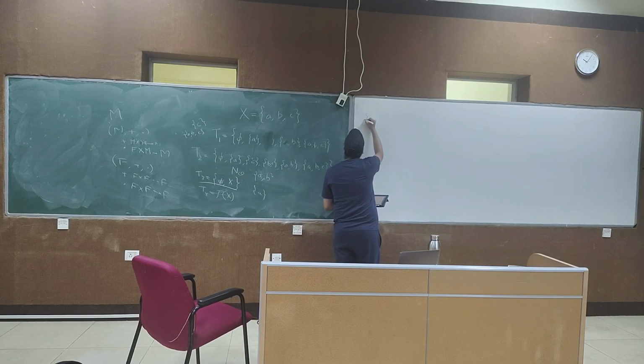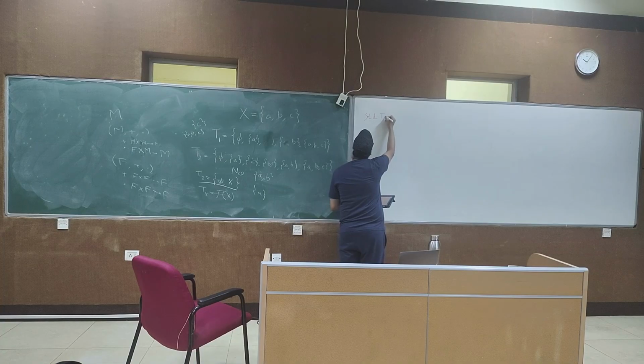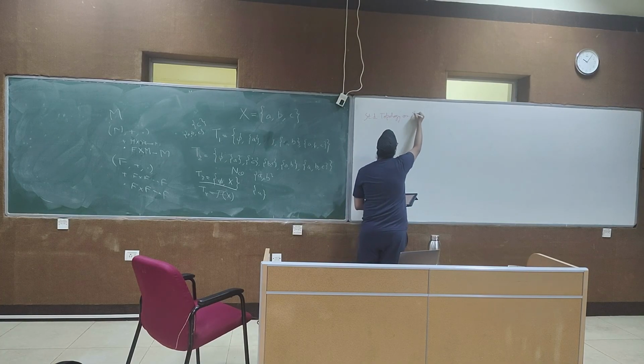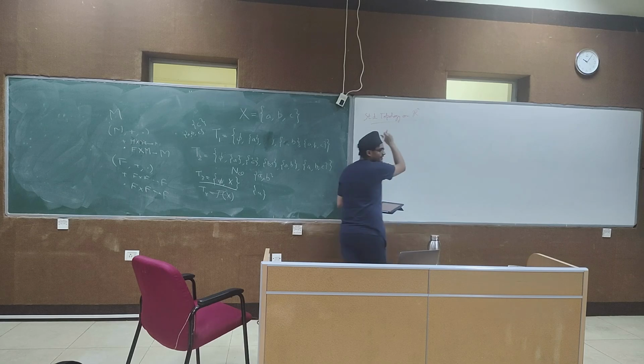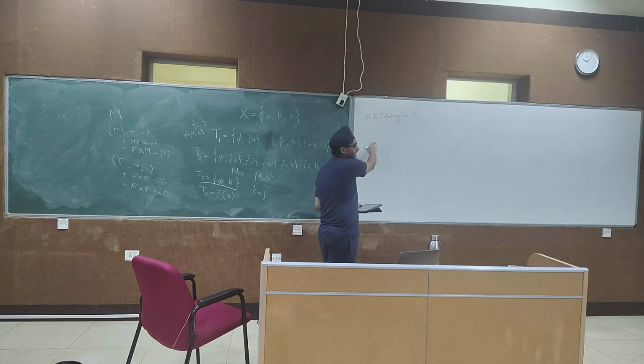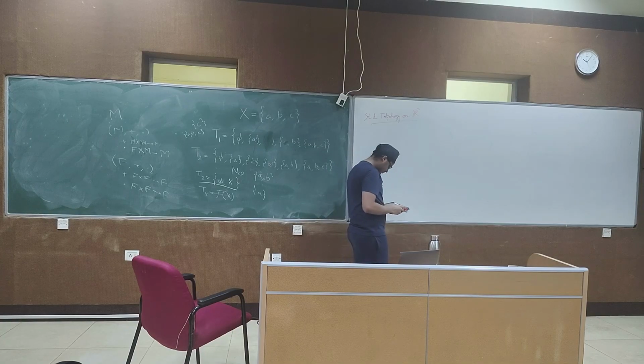So let's talk about something called the standard topology on Rn. This really connects to the idea of open intervals where we started. It is defined implicitly, not very explicitly.